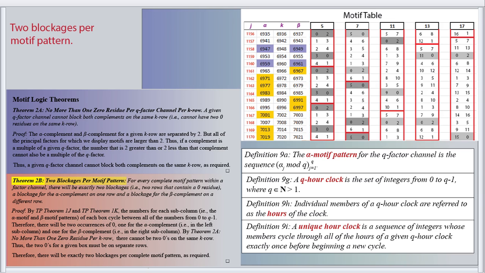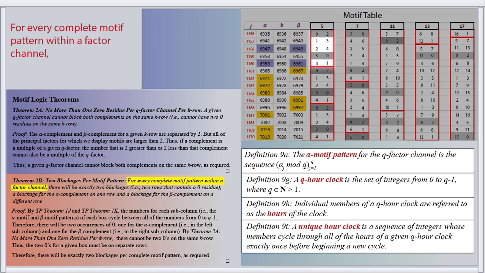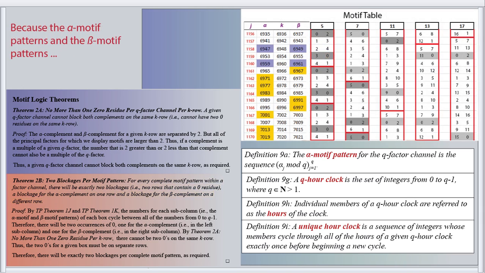Theorem 2b. Two blockages per motif pattern. For every complete motif pattern within a factor channel, there will be exactly 2 blockages, that is, 2 rows that contain a 0 residue: a blockage for the alpha complement on one row, and a blockage for the beta complement on a different row. Because the alpha motif patterns and the beta motif patterns have every integer from 0 to q-1 exactly once, both have one and only one 0 residue.